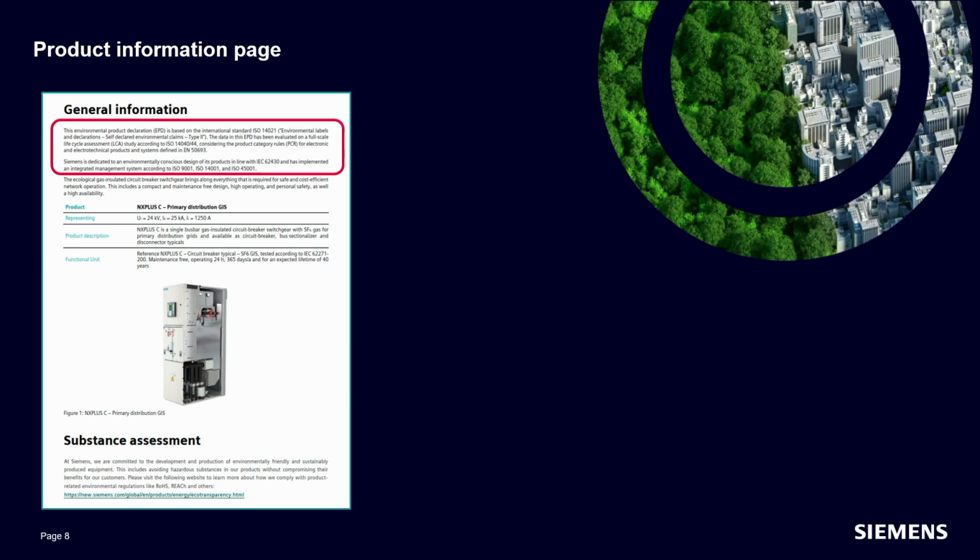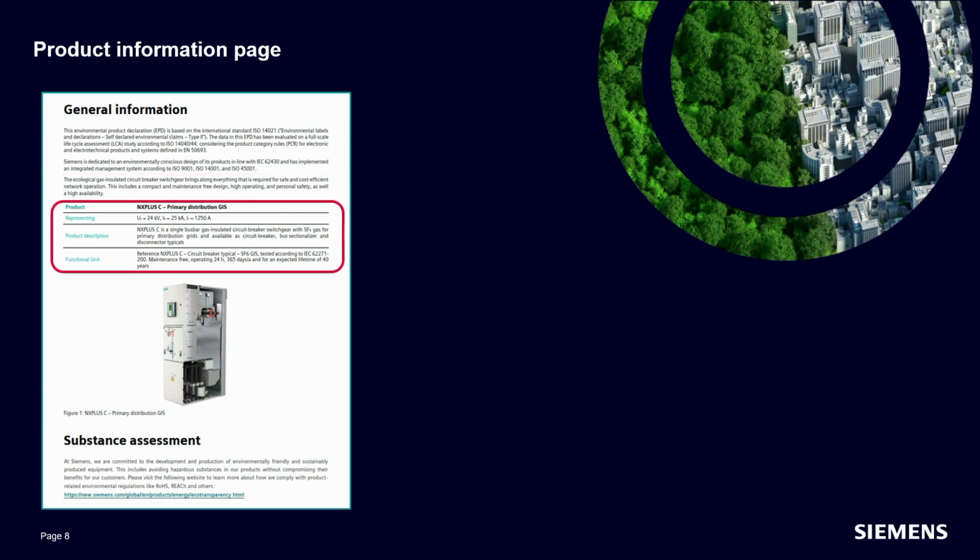This shows that even though Siemens EPDs are self-declared Type 2 EPDs, they are prepared based on various international standards and follow similar processes with the same stringent requirements of a Type 3 EPD. In the product section, you will get the relevant information of the product on which the LCA is made and the EPD is created.